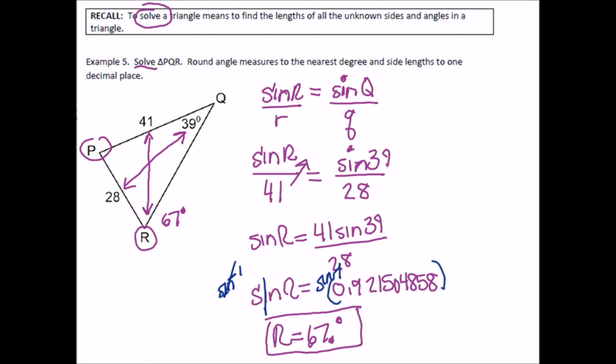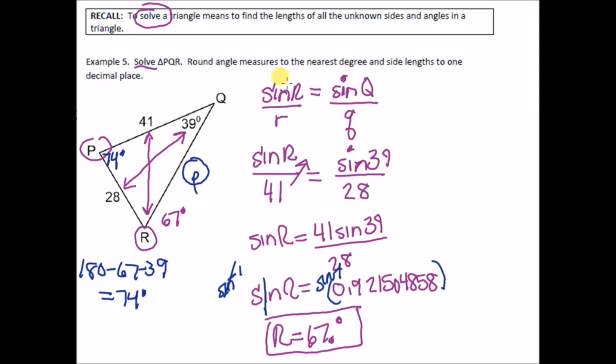All we do is take 180 minus 67 minus 39. I get 74. So 74 degrees. Now we've almost solved it all. We have all 3 angles. Now all we have left to do is side P.